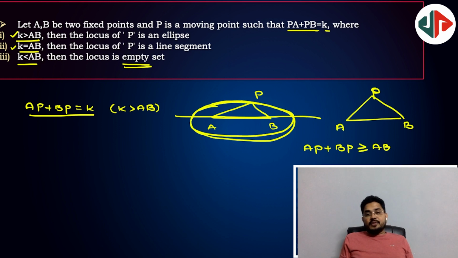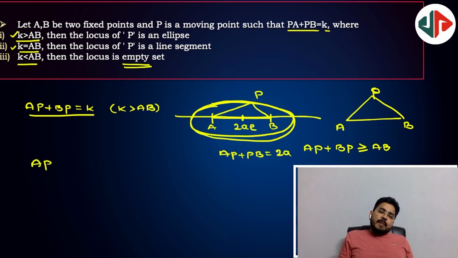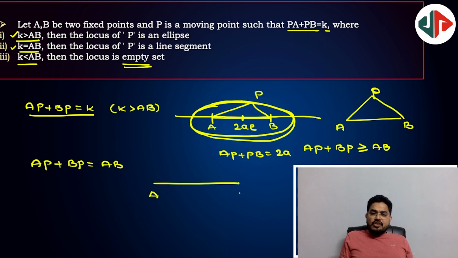The distance between A and B is equal to 2AE and AP plus PB is equal to 2A, and we derive the midpoint of AB as the center of the ellipse. Whereas when AP plus BP is equal to AB, the locus of P must be on the line AB.